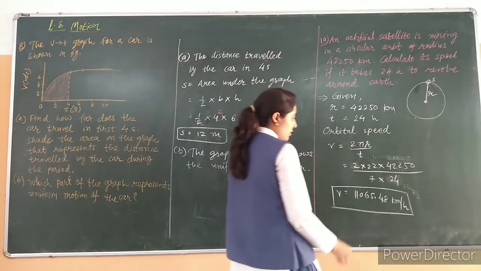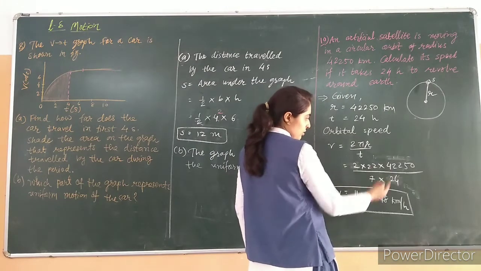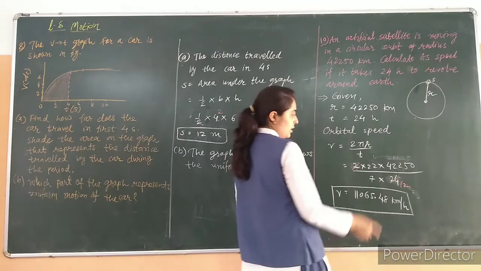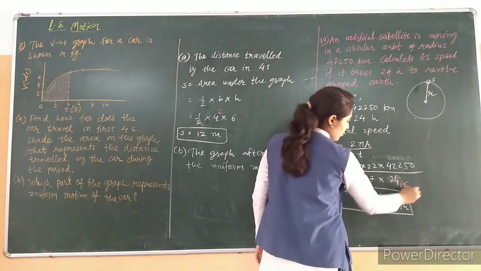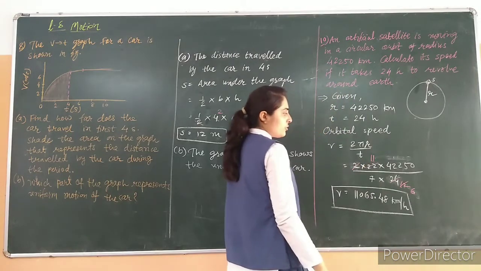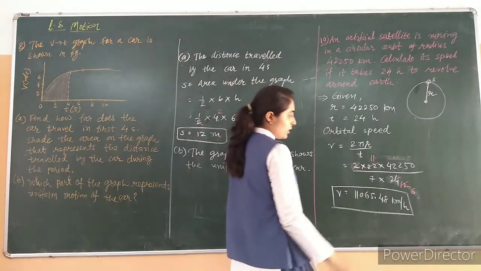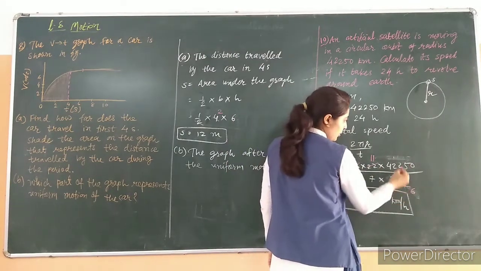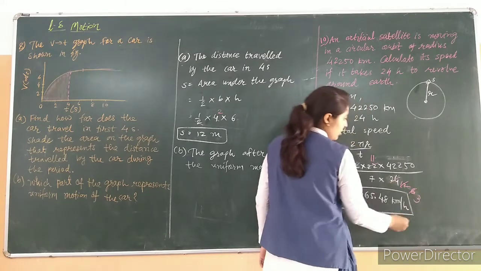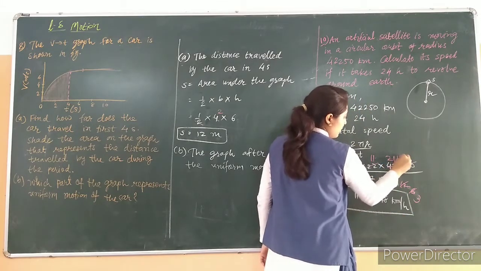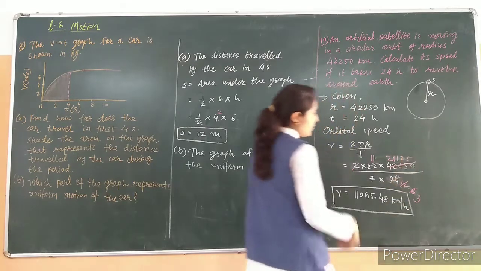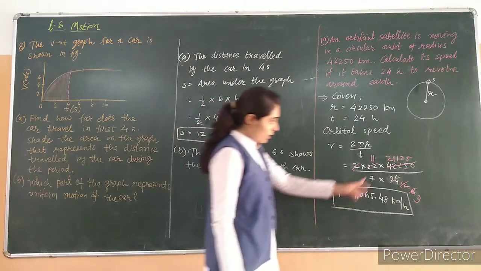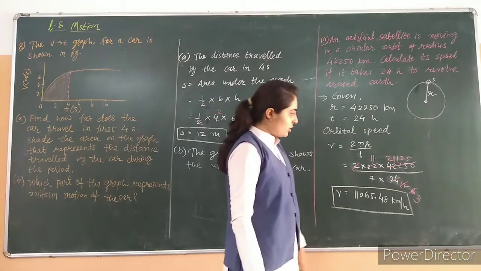We can cut this: 2 12s are 24, then again cut with 22, 11 2s are 22, and 6 can be cut here, 3 2s are 6. And 21,125 2s are 42,250.